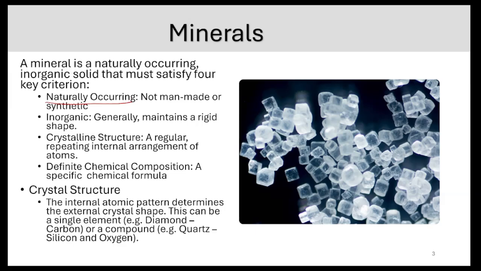We are not talking about synthetic diamonds or lab grown crystals here. For example, a diamond can be found naturally, as well as lab grown. So when we are talking about minerals, we are only talking about materials that occur naturally.